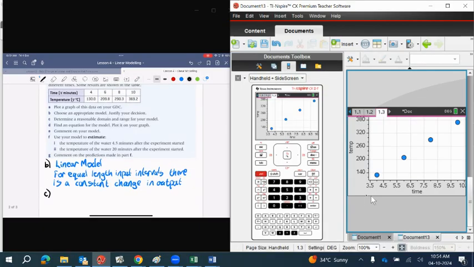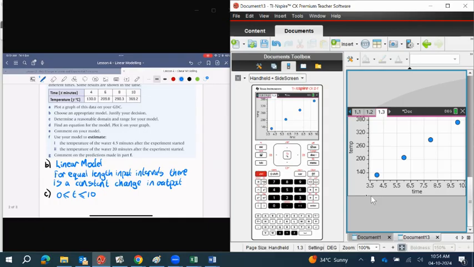So our domain would be that T is greater than 0, maybe less than or equal to 10. We don't know what's coming after that. So T is going to be from 0 to 10. And what about the range? Well, we don't know what the range is going to be.